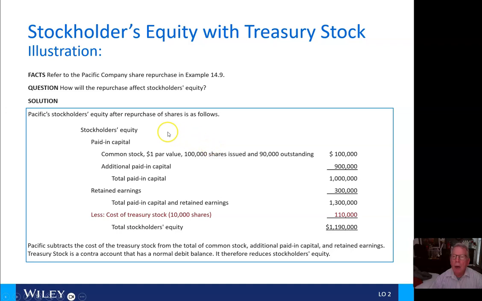Now, here is how we would show that in the stockholders' equity section of the balance sheet. Pretty much everything down here is the same as we showed in the prior slide, but here you see a reduction of stockholders' equity for the cost of that treasury stock of $110,000.